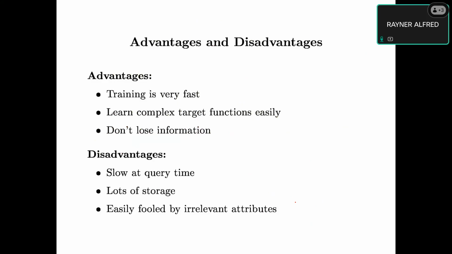So the advantage of KNN is that the training is very fast because they just use distance. Basically, they measure the distance between the unseen data and the data that you have in your storage. And learning a complex target function, they can learn complex target functions easily because they are only using the distance method. They don't lose any information.